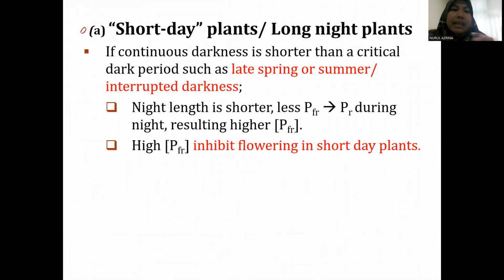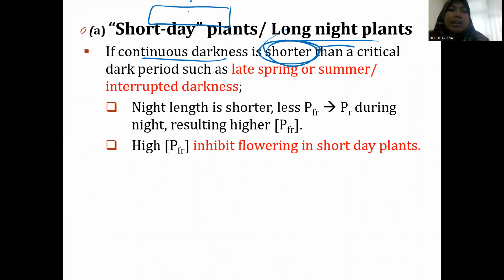the next explanation. Okay, let's say, for still we are talking about the long night plant. If the long night plant is exposed to continuous darkness that is shorter than the critical dark period, what happened? So let's say this long night plant is exposed to shorter dark period than the critical period, sedangkan dia nak longer dark period, right?